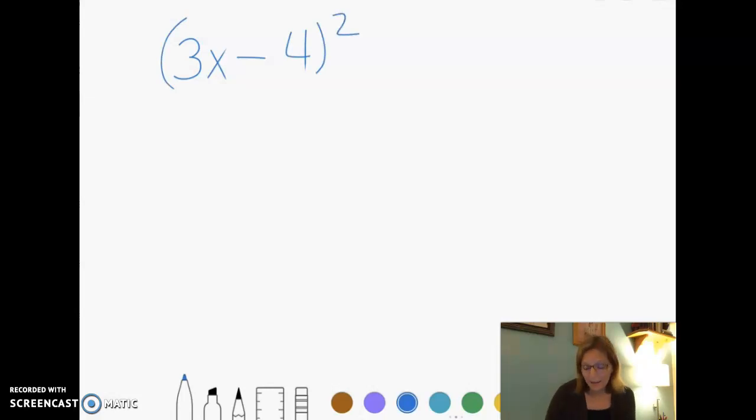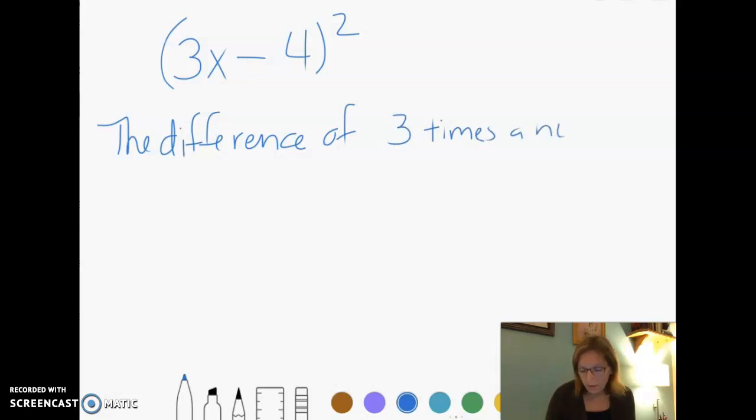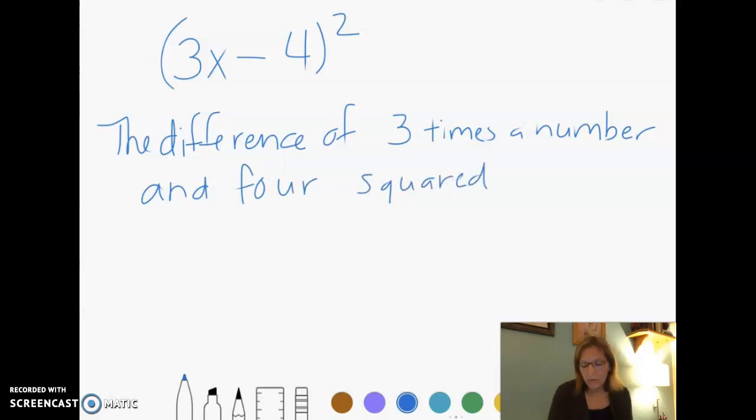So I could say, to write this in words, the difference, because it's subtraction, of 3 times a number and 4 squared. So the difference of 3 times a number and 4, 3x minus 4, all of that squared.